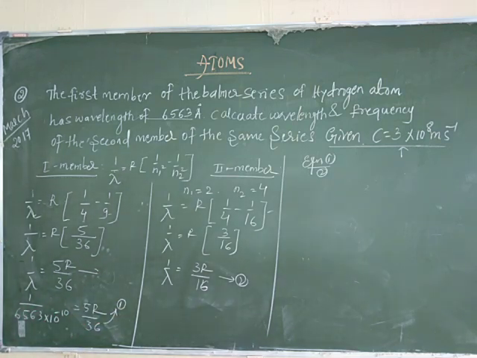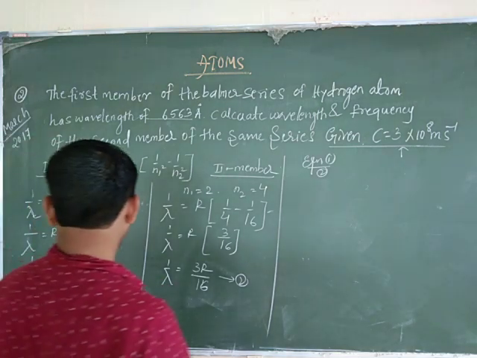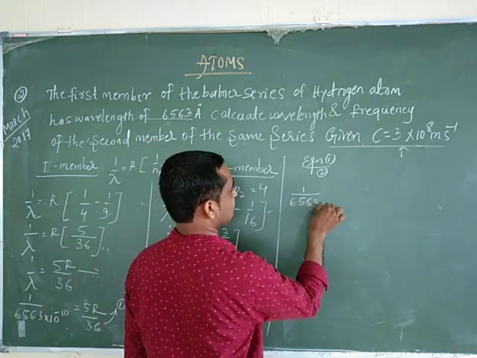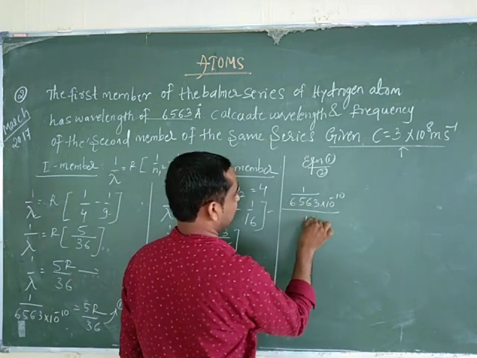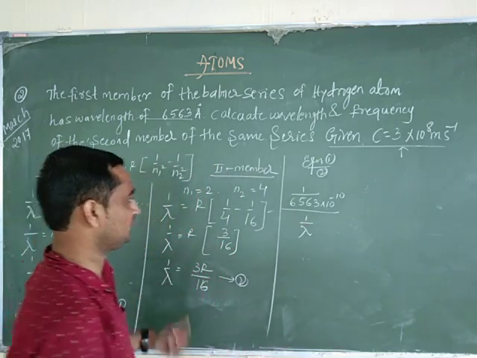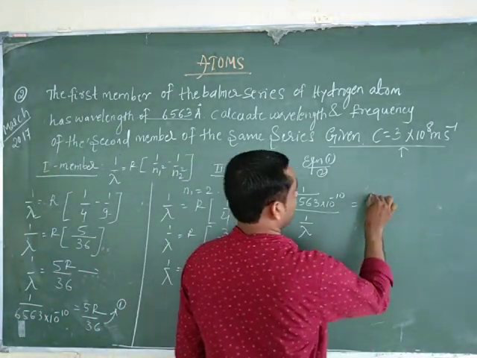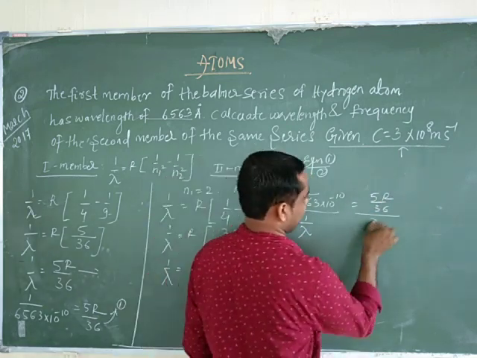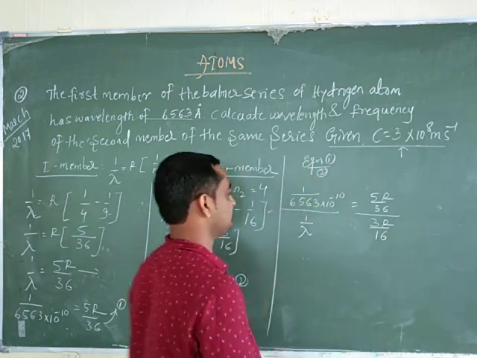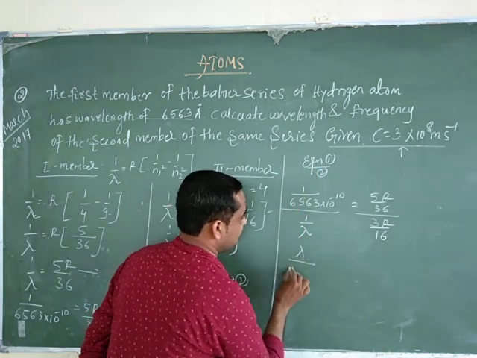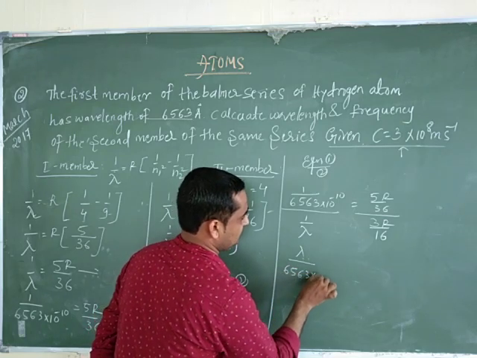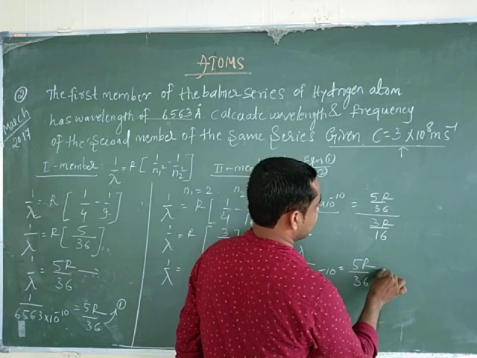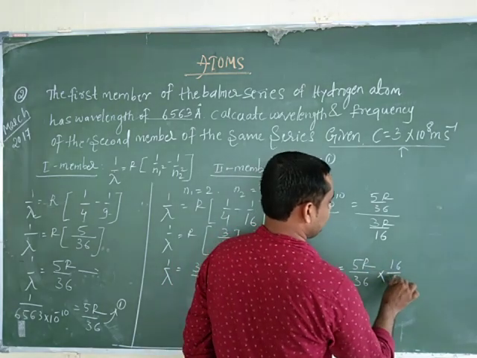Now dividing this equation by this equation, that is 1 divided by 6563 into 10 to the power minus 10 divided by 1 by lambda, equation 1 by 2, is equal to 5R by 36 divided by 3R divided by 16. So again this goes to the numerator. So lambda divided by 6563 into 10 to the power minus 10 is equal to 5R divided by 36 into 16 divided by 3R.